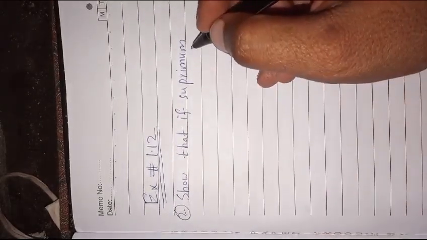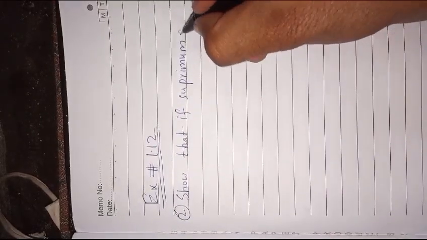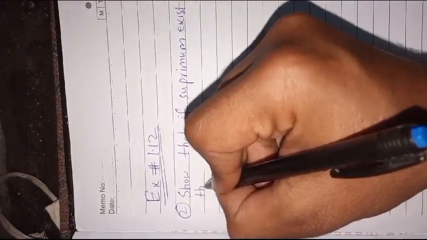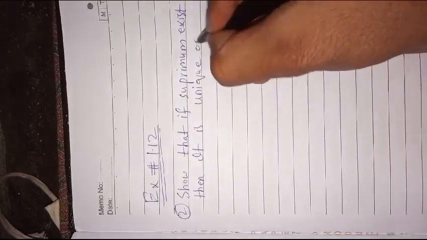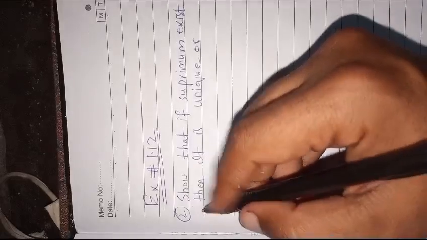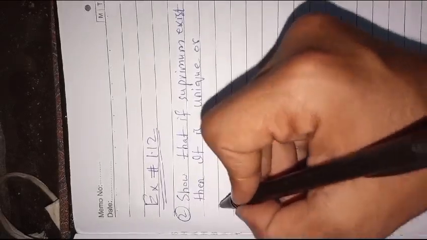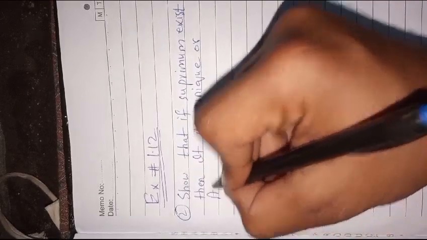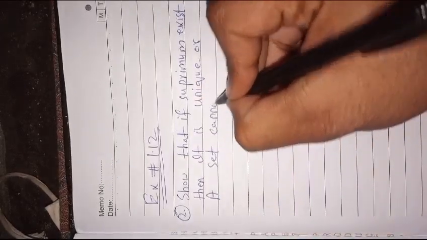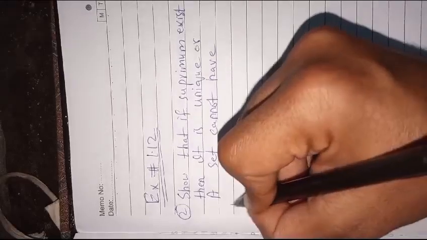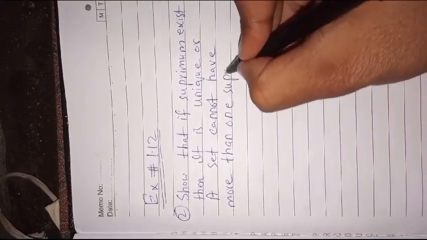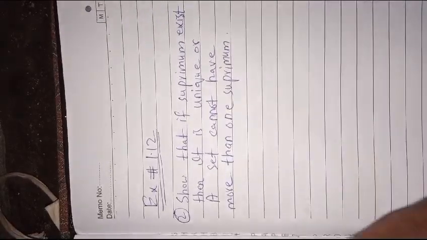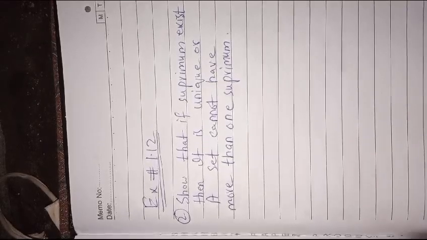Show that if supremum exists, then it is unique, or we can put it another way: a set cannot have more than one supremum. So now we will show that a set cannot have more than one supremum.